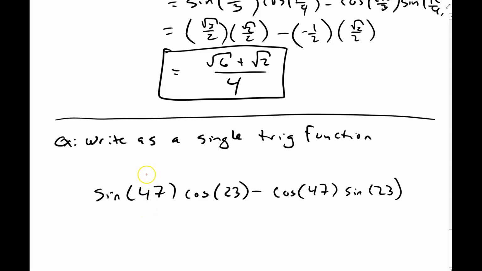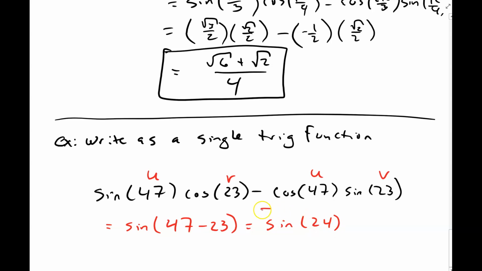When I look at this, all I really see is sine u cosine v minus cosine u sine v. I recognize that formula if I go to my identity sheet. That's the angle difference formula for sine. So that's sine of u minus v. So just sine 24. And now I'm done.